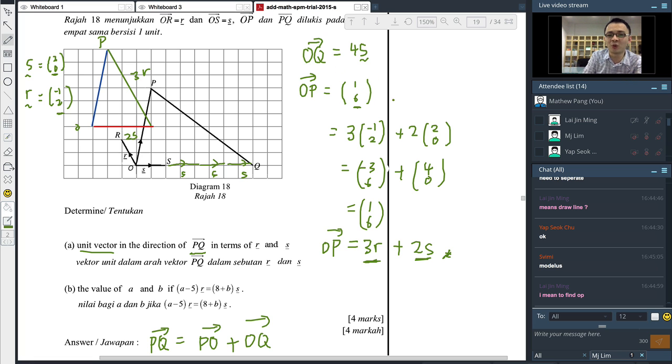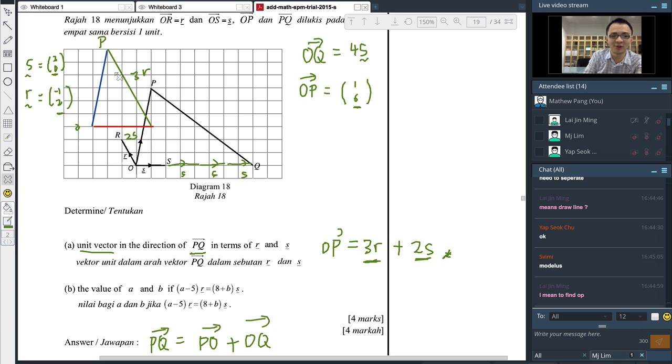Because OP is (1, 6), and then I want to get (1, 6) from S and R. You just imagine this is some games, okay? And the games is to use S and R to find 1 and 6. So because the bottom is 0, no matter what number I use to multiply my S, the bottom is still always 0.